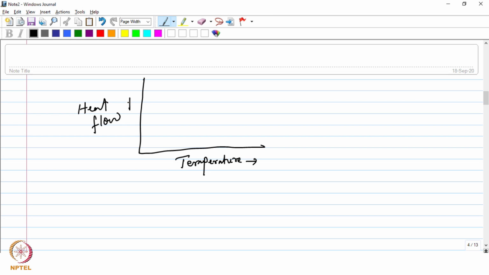So any event or phenomenon which occurs during the heating process would either release or absorb energy, and as a result you would get either an exothermic peak or an endothermic peak in this plot between heat flow and temperature, right? If heat is released, it will be an exothermic peak, and for the endothermic peak it is just vice versa. Okay. So if I want to show it by a schematic here, it might look something like this.